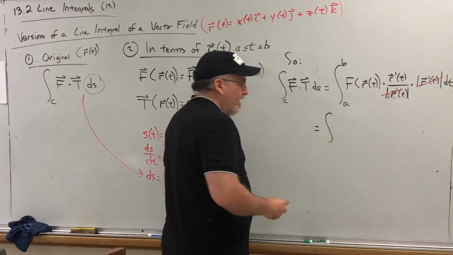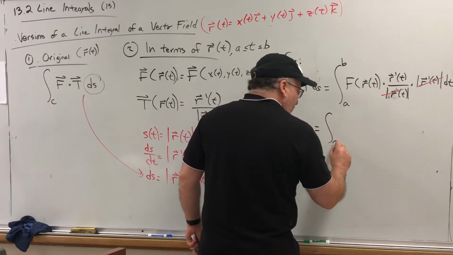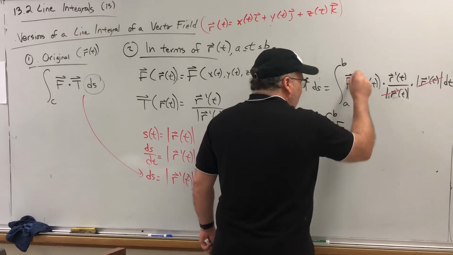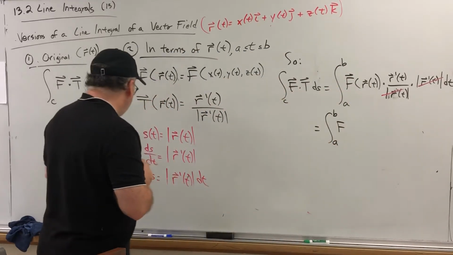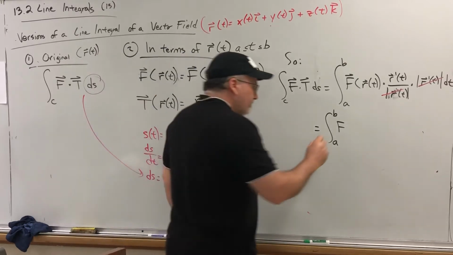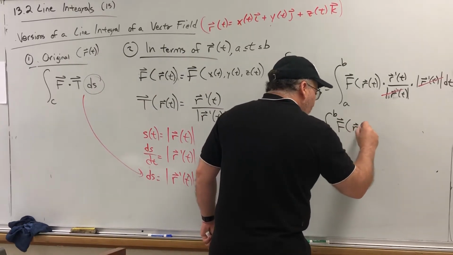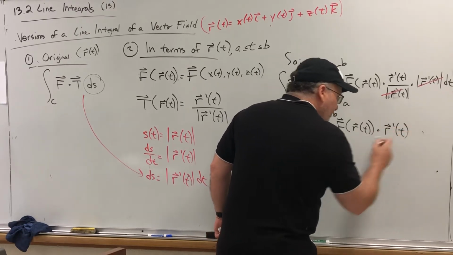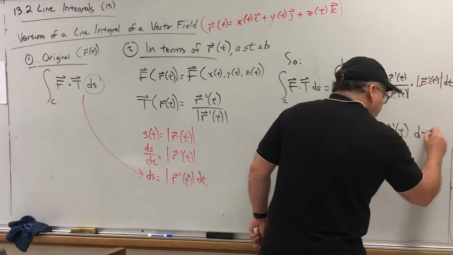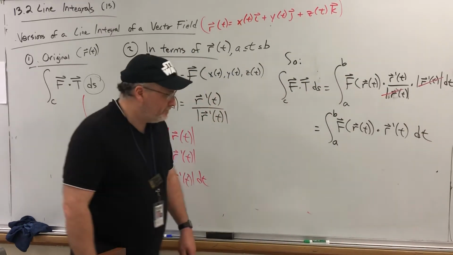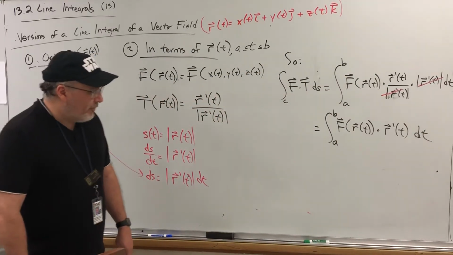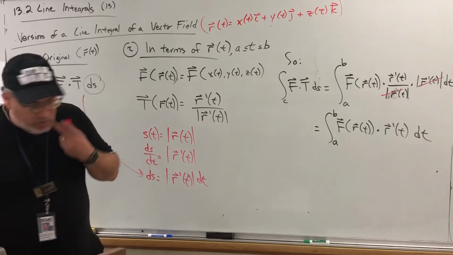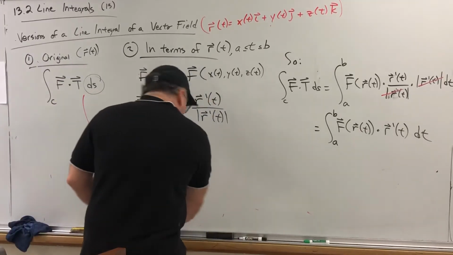We can evaluate the line integral by evaluating the single integral from a to b of the vector field, and my apologies, I left the arrow off the F since it is a vector, evaluated at r(t) dot the derivative of r(t) dt. And we can even make this more compact.